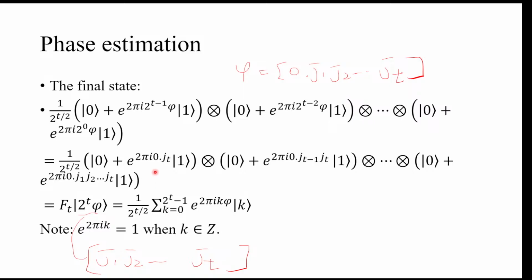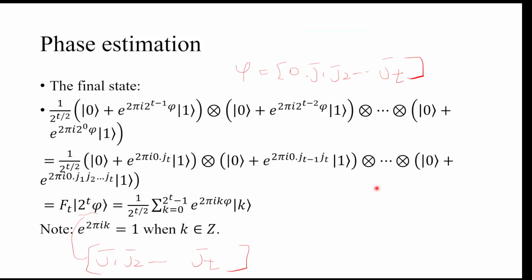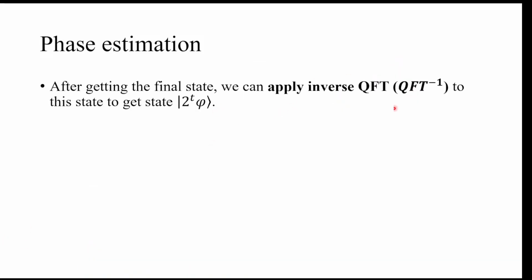So I guess we can skip the middle part. It's really nothing, just reinterpreting this result. Anyway, the end result here is the Fourier transform of 2 to the t times phi. The last step of our phase estimation is just to apply the inverse Fourier transform.